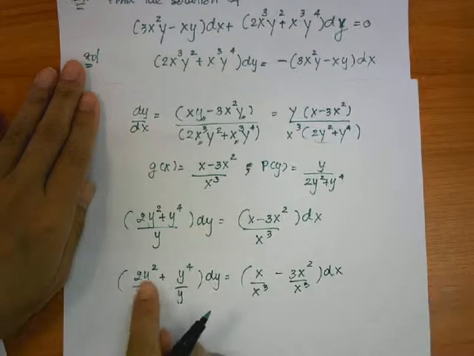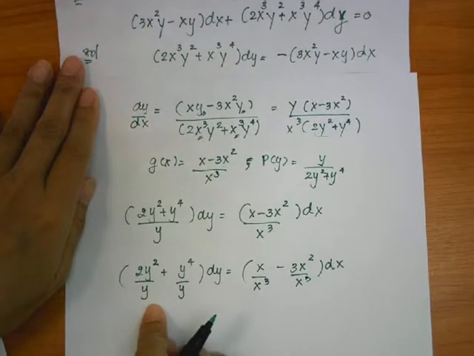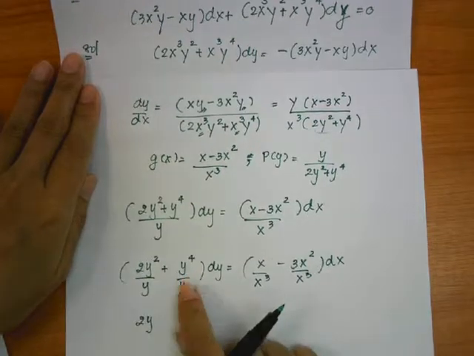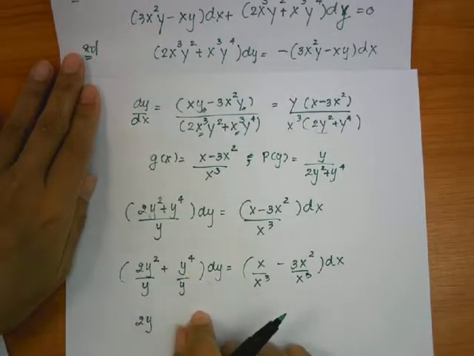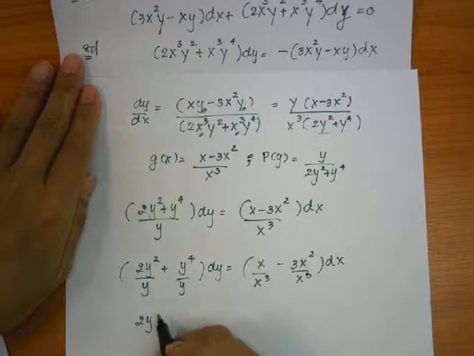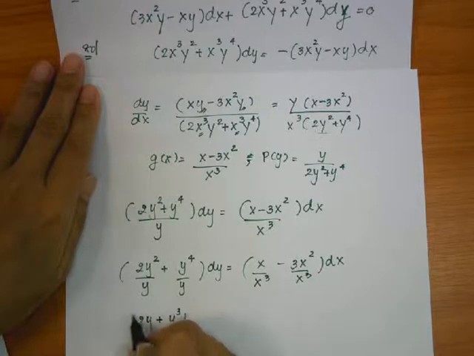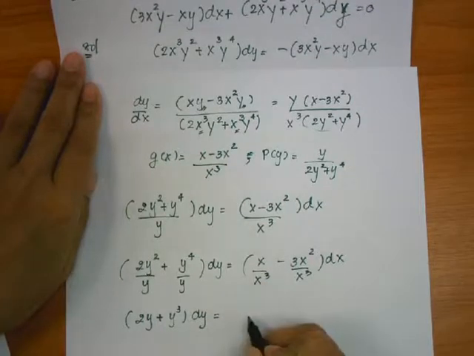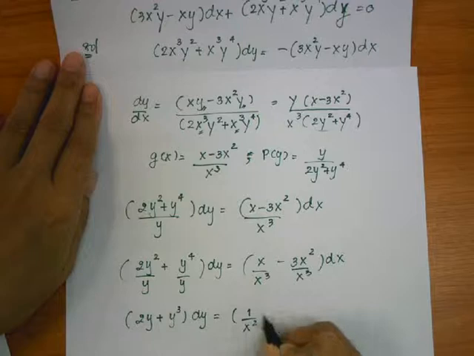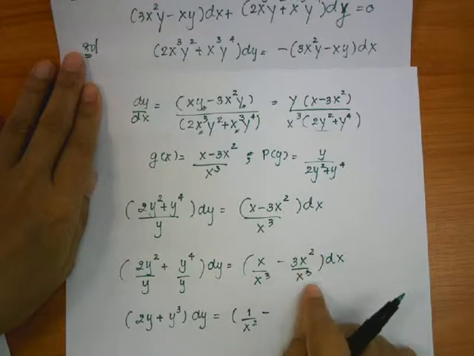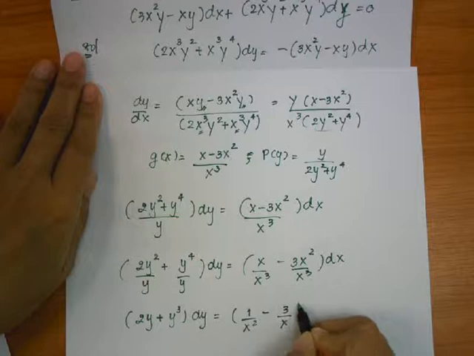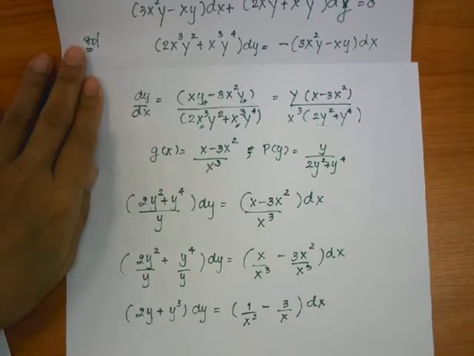This term, 2y squared by y, is equal to 2y, right? This one, y to the power 4 divided by y is equal to y to the power 3. x divided by x to the power 3 is equal to 1 over x squared. 3x squared divided by x to the power 3 is equal to 3 divided by x. And then now I can do integral.